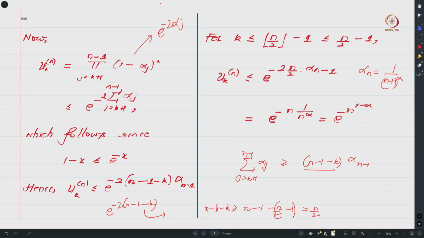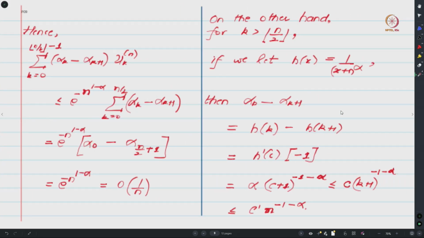Is this okay? Now observe that whenever alpha is strictly less than 1, this term will be positive, which implies that this ukn expression actually decays at an exponential rate.